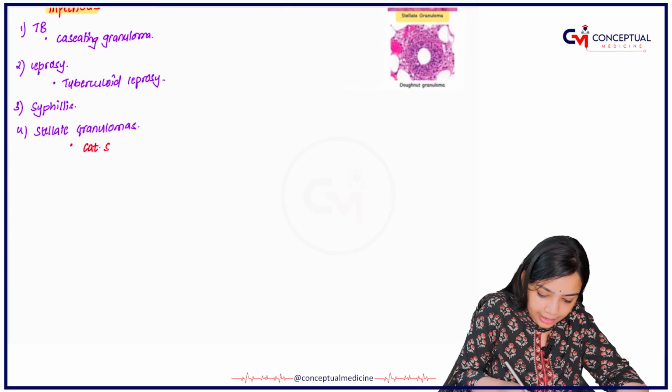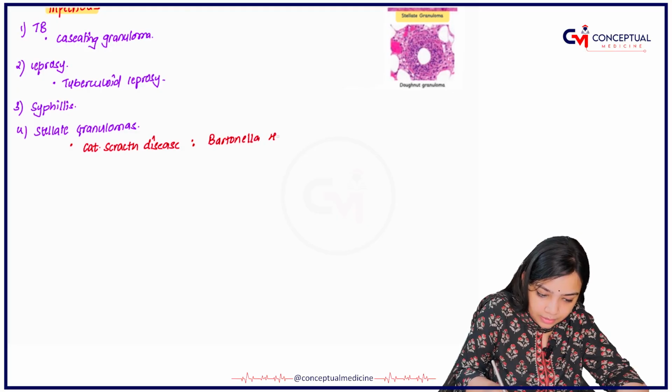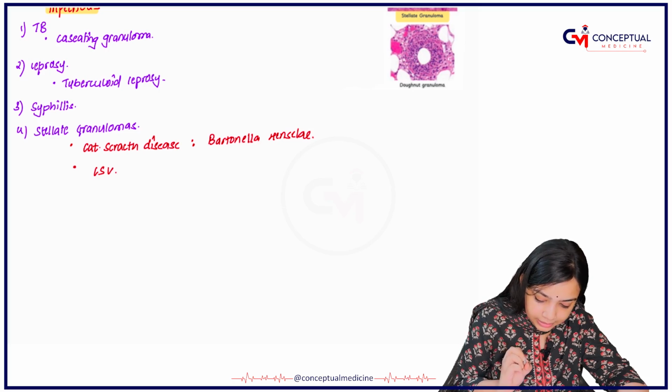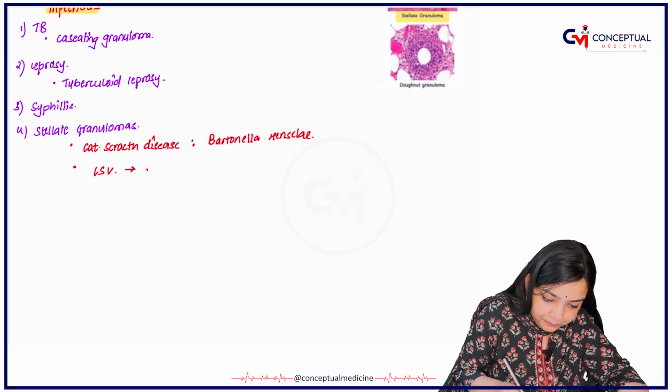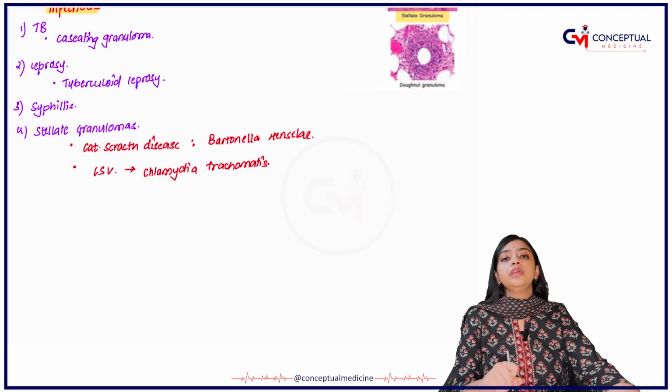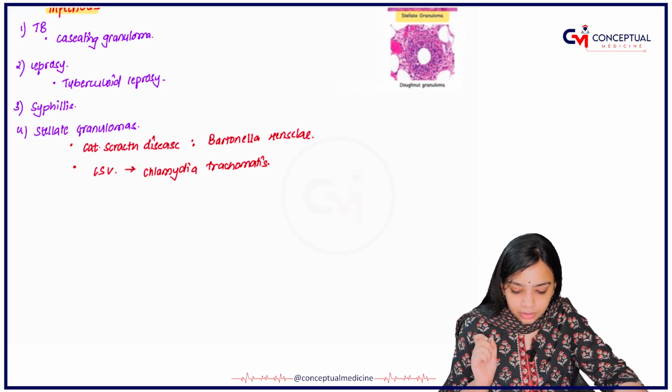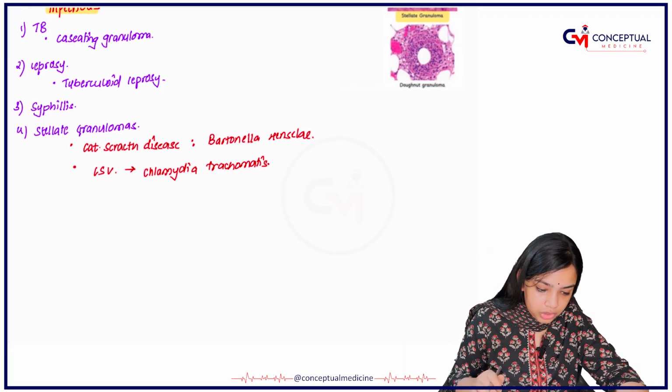First one is your cat scratch disease, which is caused by your Bartonella henselae. Okay, and second one is your LGV. What is LGV? LGV is basically your lymphogranuloma venereum caused by Chlamydia. It is basically a sexually transmitted disease. Okay, you will learn more about this in your dermatology lectures.